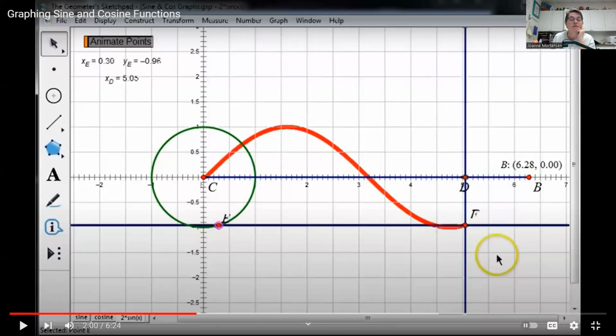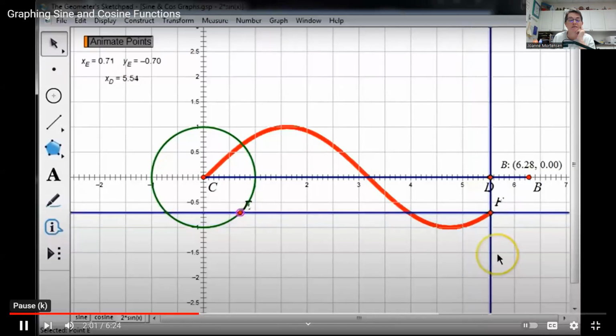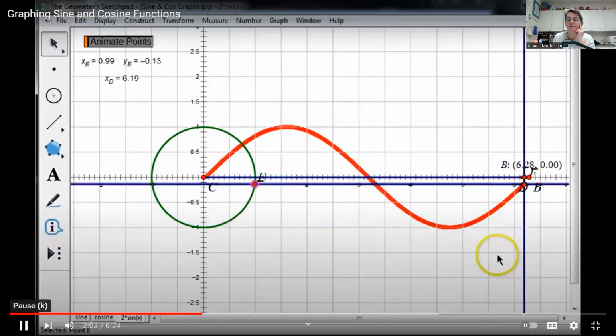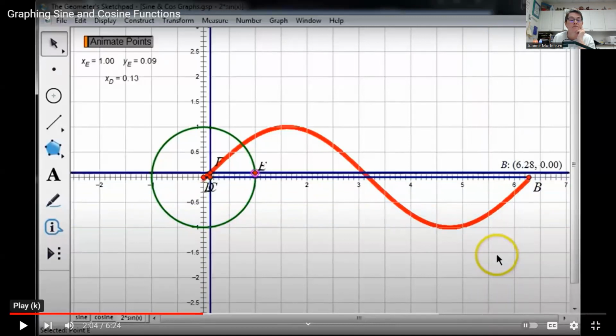I'm just going to let that run till it gets to the end, back up to where B is. And that, boom, close enough. You can see your maximum, if we work this out, this would be 90 degrees, and then 180, 270, and 360. The magic is every quarter something happens.